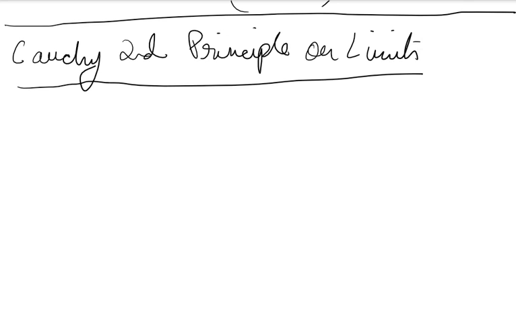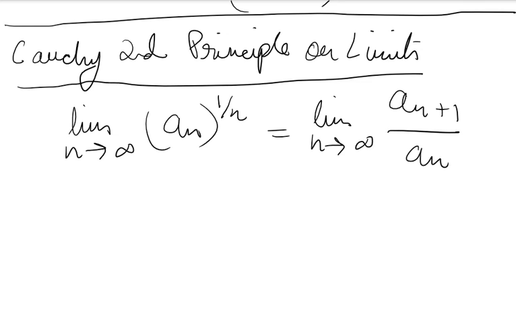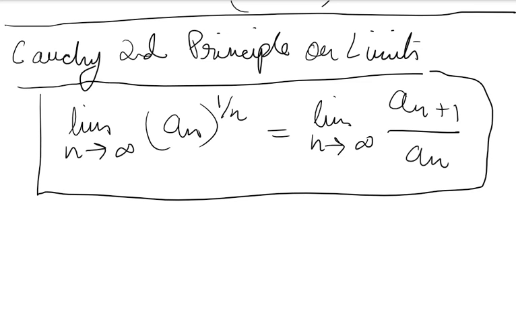So what was Cauchy's second principle on limits? It will be limit n tends to infinity of (a n) whole to the power 1 by n is equal to limit n tends to infinity of a n plus 1 by a n. This was Cauchy's second principle on limits.